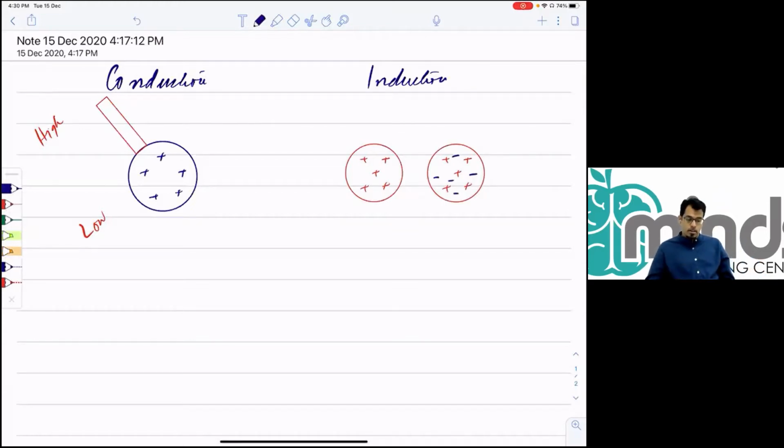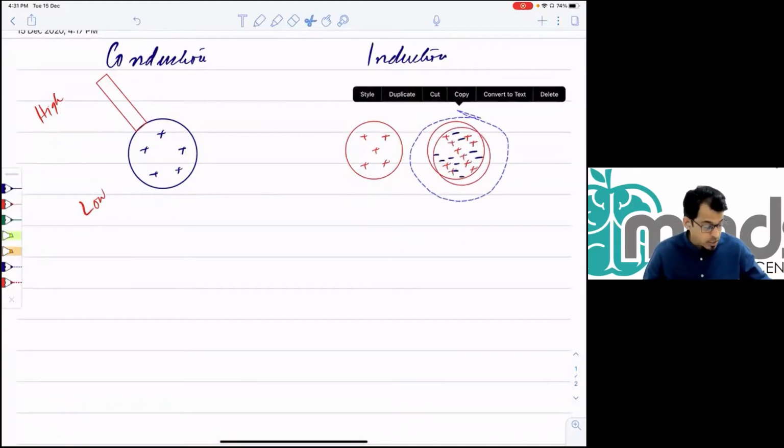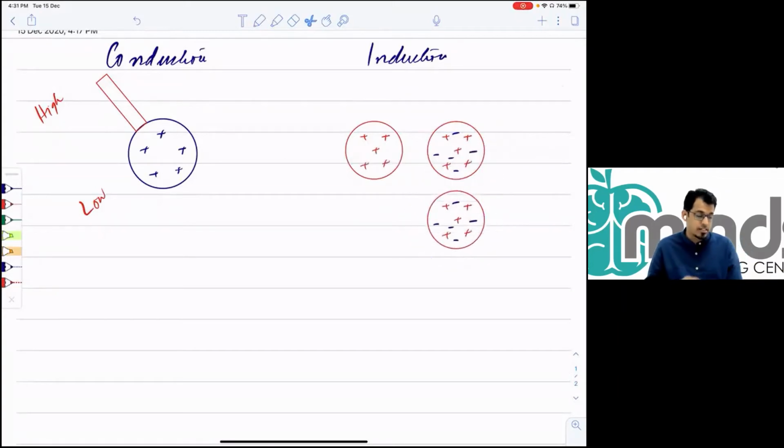But what will actually happen? The two spheres are not in contact, so charge cannot travel. But what can happen? The sphere which is positively charged will attract the negative portion of the sphere and repel the positive charge. This sphere will experience some alignment of charges, and those charges will align themselves something like this.